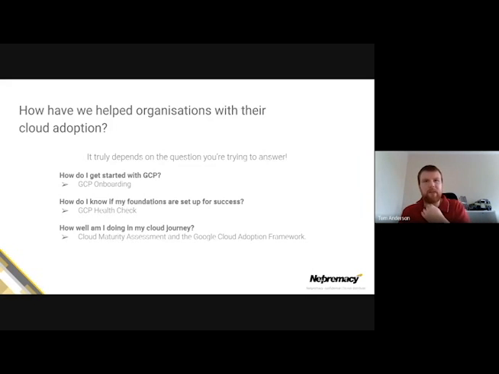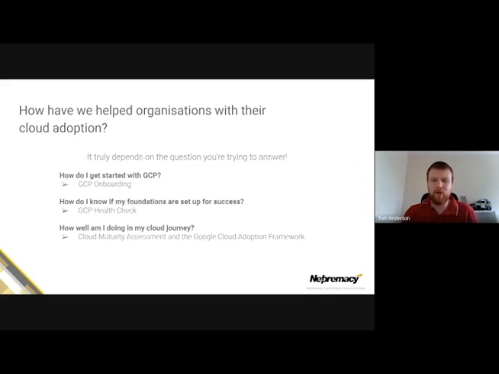Very often it's the entire cloud adoption framework that we need to look at and start assessing. That is where we can start going through, as Alex mentioned, the cloud maturity assessment. We can look at cloud adoption as a whole and say, hey, if we look at those technical foundations, that's fine. That's one element, that's one work stream. But actually, there are so many other things we need to consider. That is where the cloud adoption framework really excels, looking at that cloud adoption as a whole.